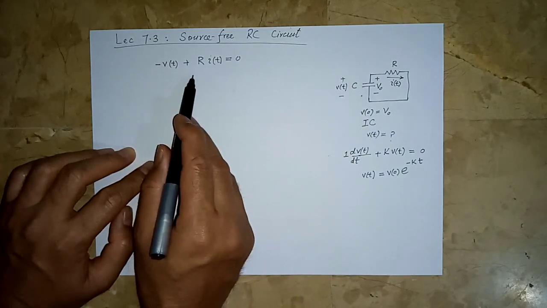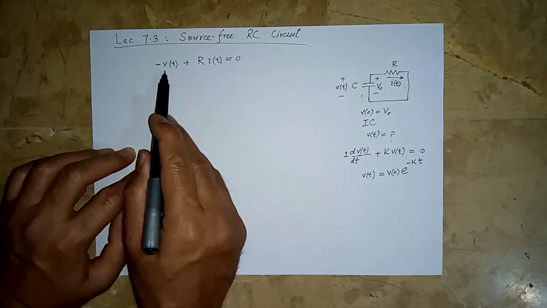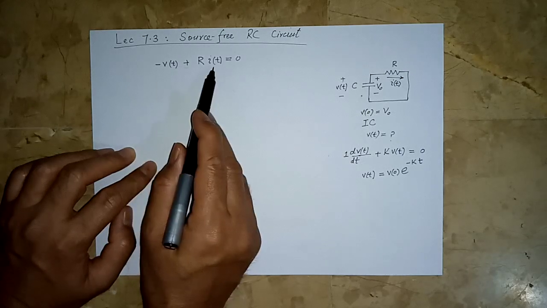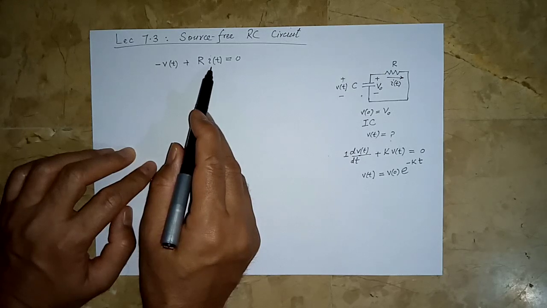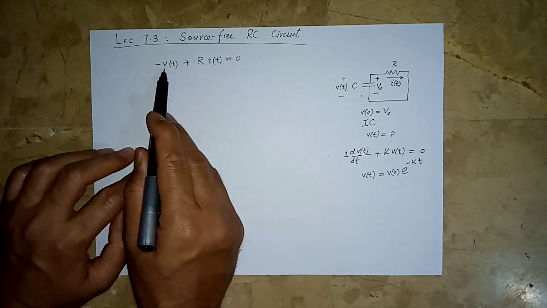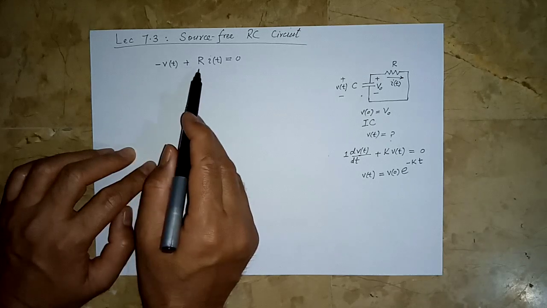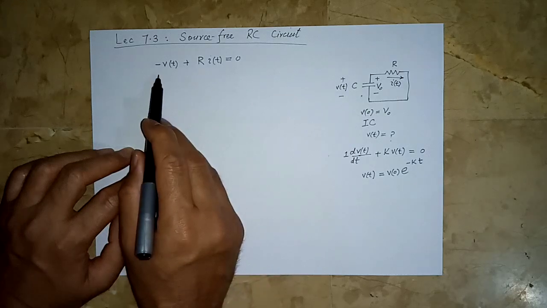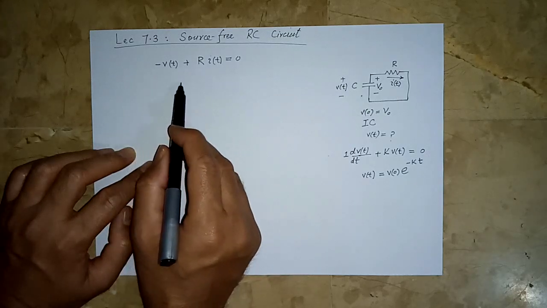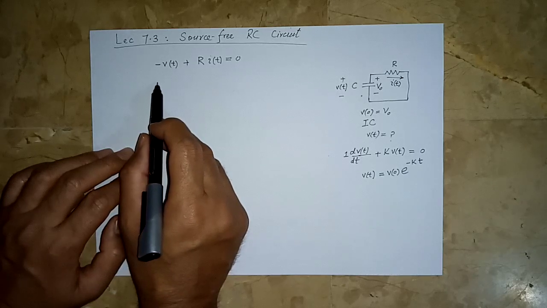But this is not what we seek. We need an expression in only Vt, not I. So how to do this? Let us convert this Vt using the capacitance C into It, but then we are going to get an expression in I. Let us find that expression first. That would be interesting to note.